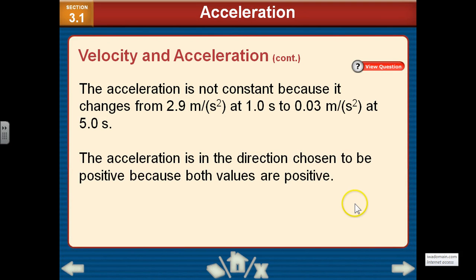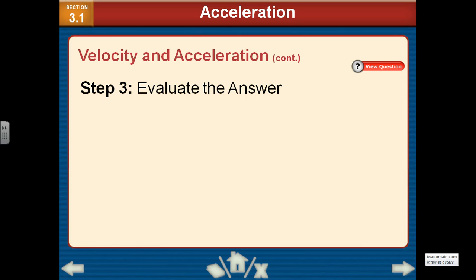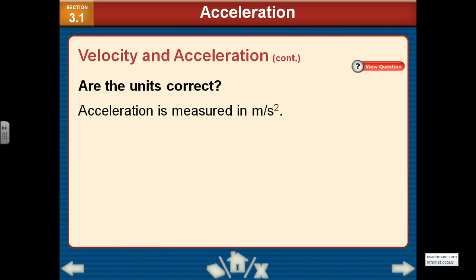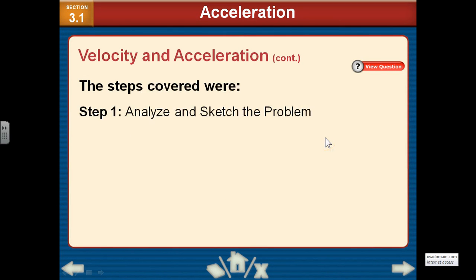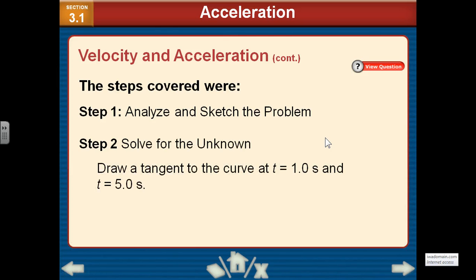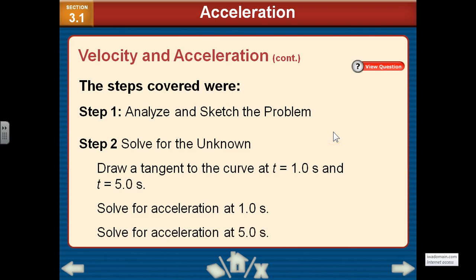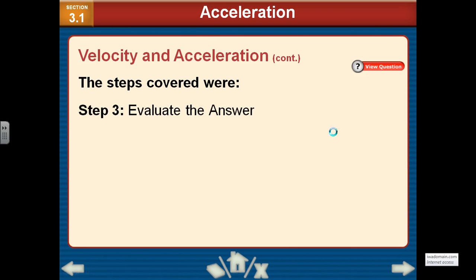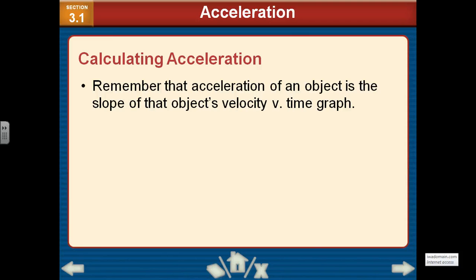The acceleration is in the direction chosen to be positive because both values are positive. So since we're accelerating in a positive direction, we're increasing speed. Acceleration is measured in meters per second squared. So this is what we did. We solved for the two different time frames, and we got a good answer.